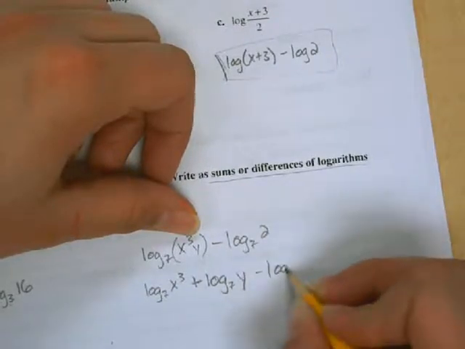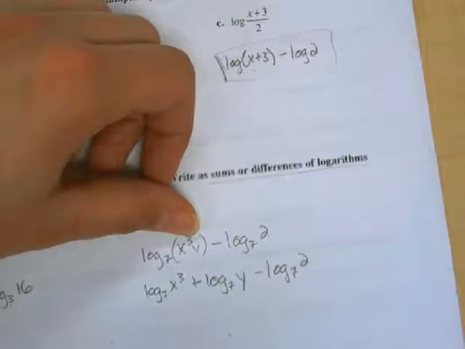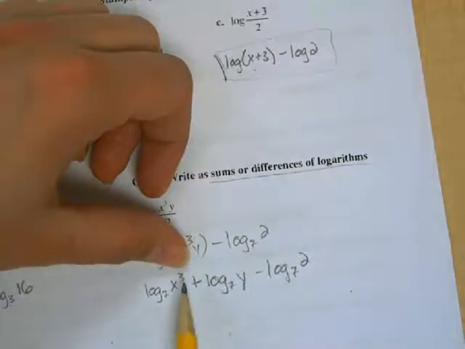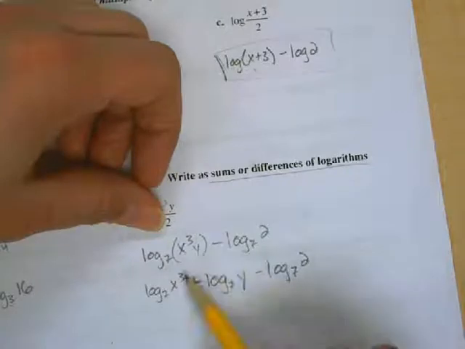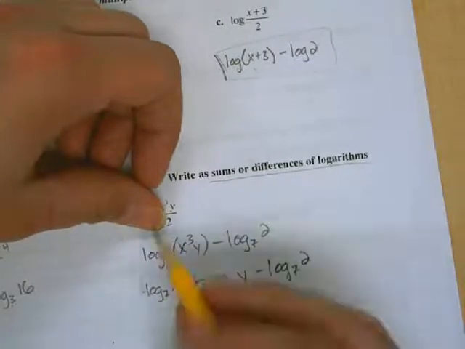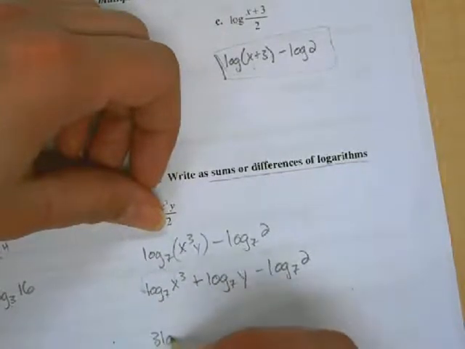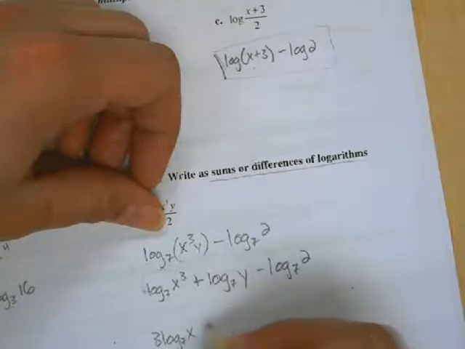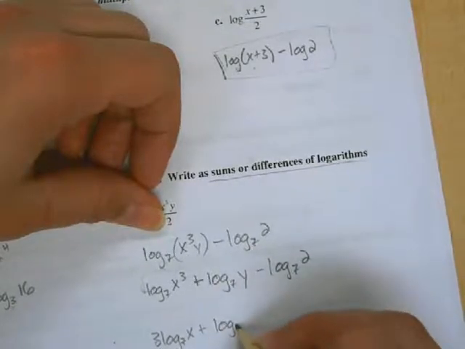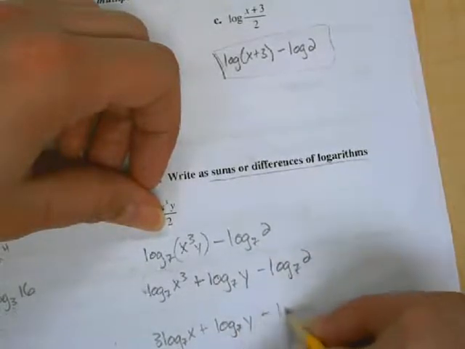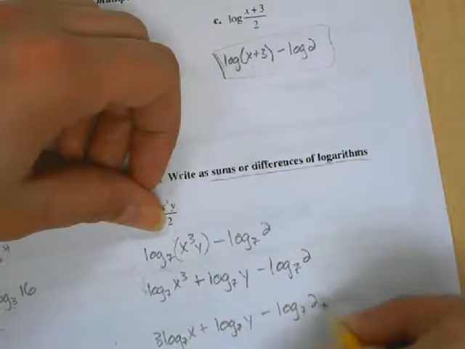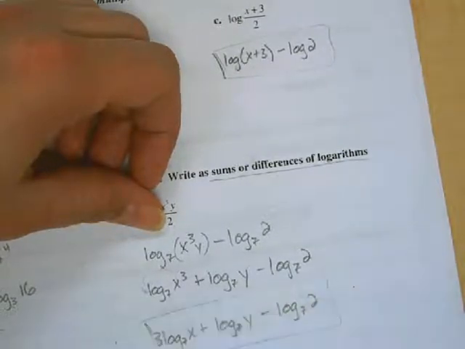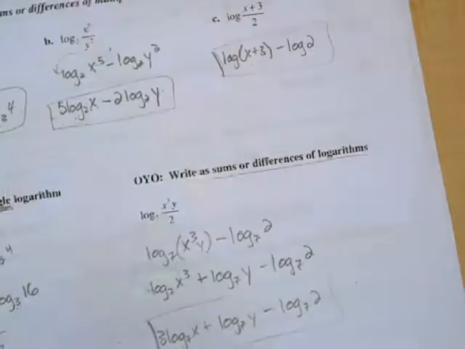I still have my minus log base 7 of 2. Okay, and then final step here, I can't leave that exponent, so I have to take the exponent, and now I can drop it to the front. So 3 log base 7 of x plus the log base 7 of y minus the log base 7 of 2. And that would be my final answer there.